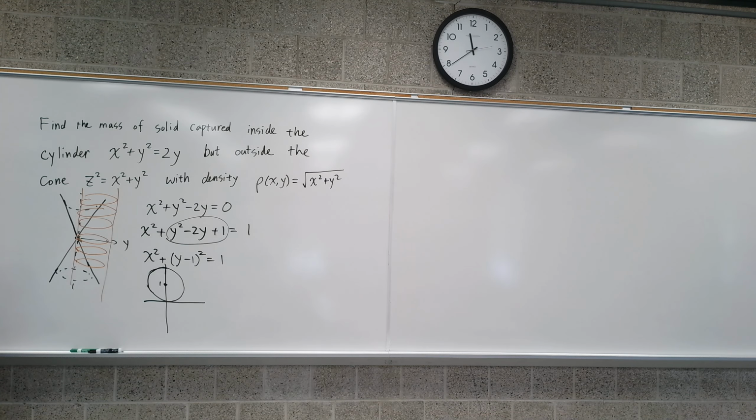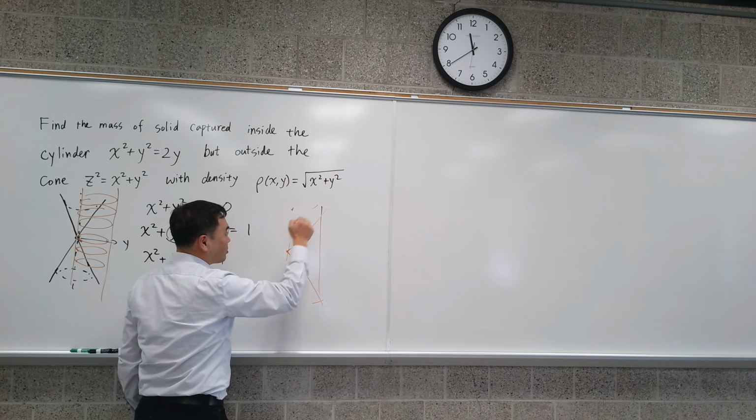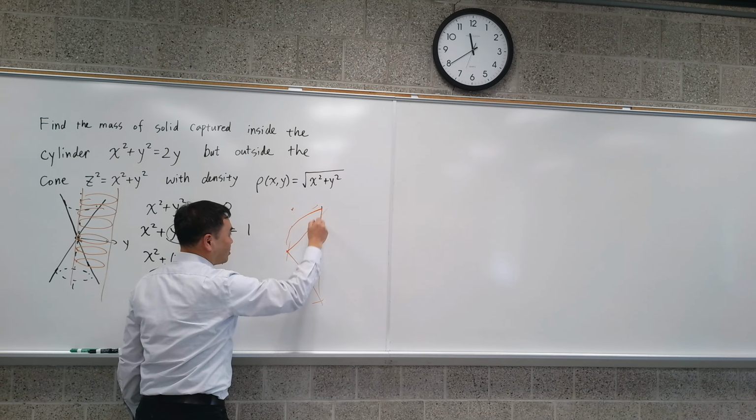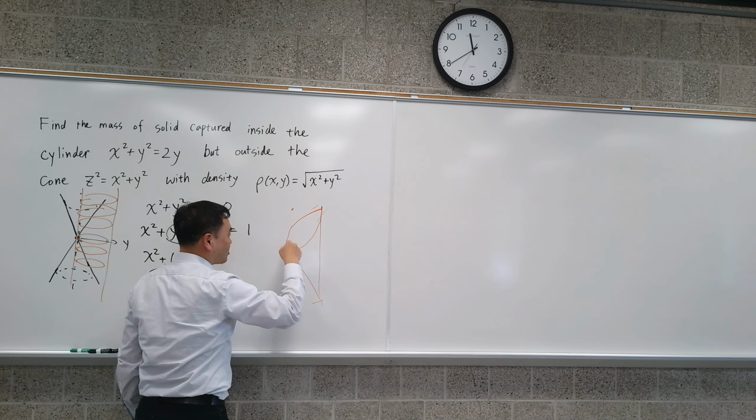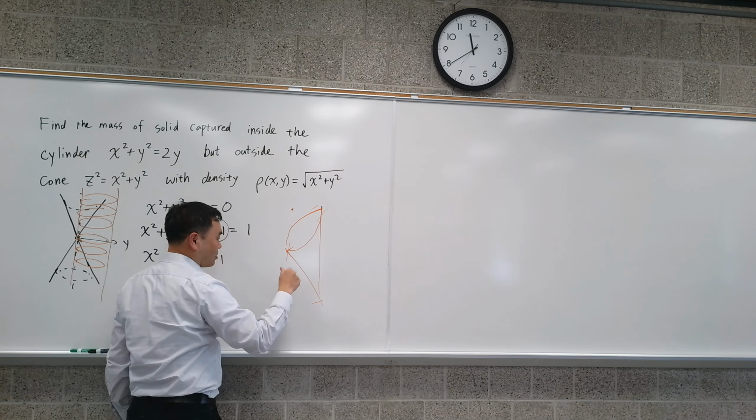Okay, so it's as if you took this cylinder and you cut it using a cone-like thing, so that you end up with something like this. It's hard to draw, but that's basically the idea. That's a shape.